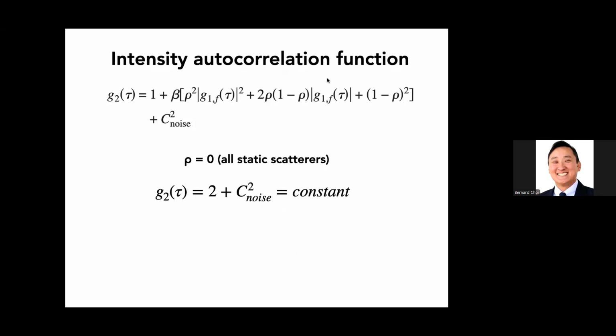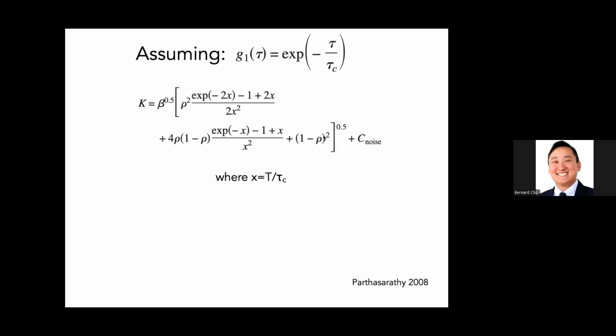This term crosses out, this term crosses out. You basically get a constant. Meaning if nothing's moving and you look at a point, it's staying the same over time. So it all matches intuition. And then if we assume that this defines the dynamics of the dynamic scatterers, and you plug that G2 into the original equation, this is what you get for contrast.